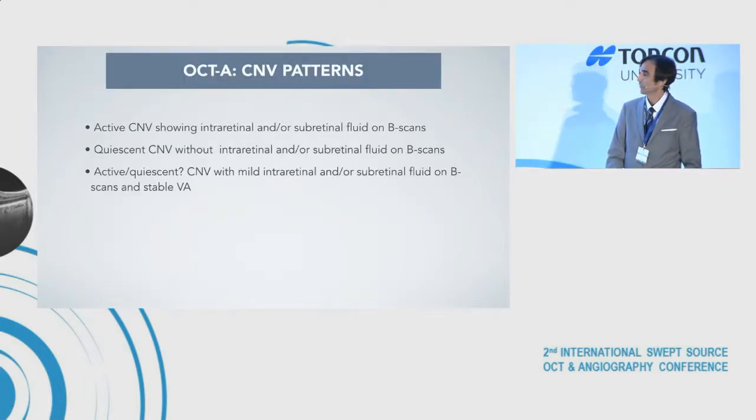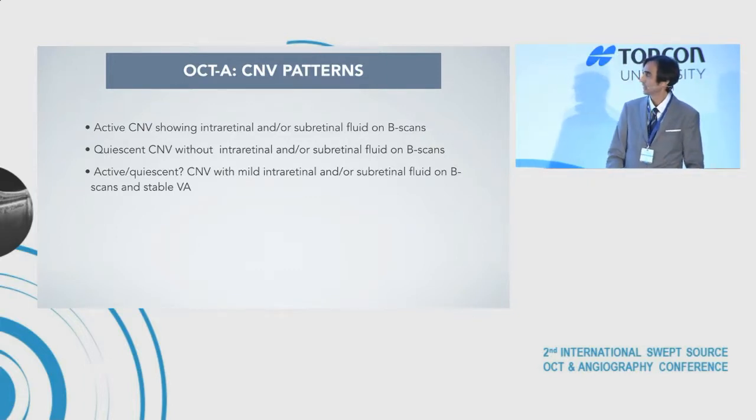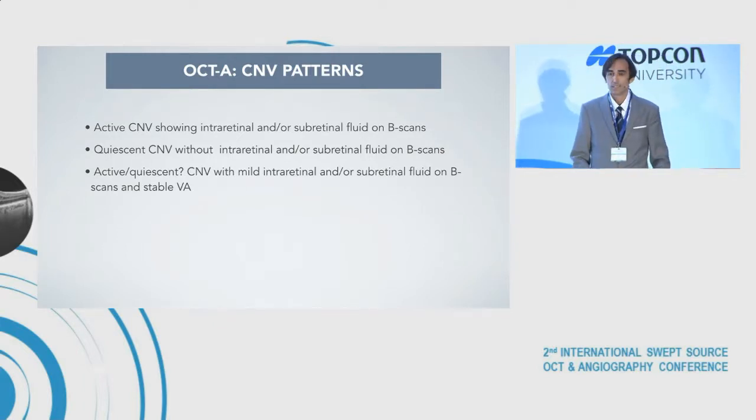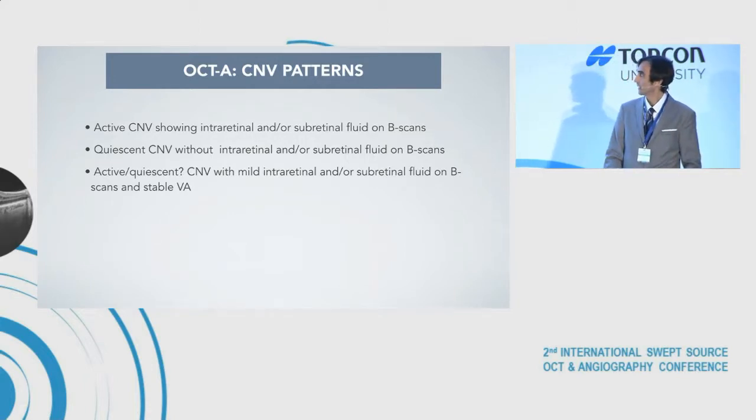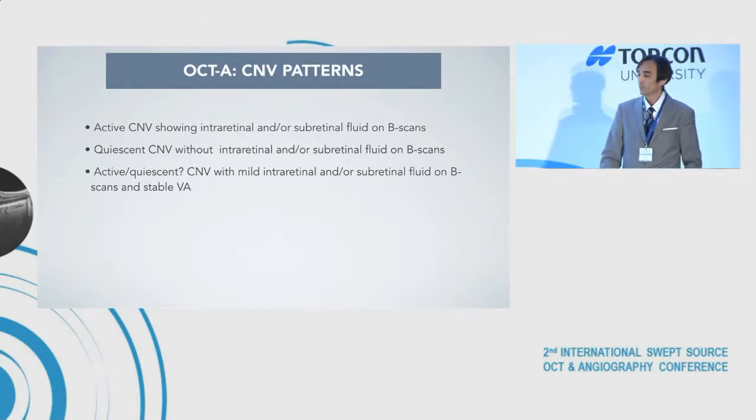With OCT angiography, we can basically determine 3 different CNV patterns. An active CNV showing intraretinal and/or subretinal fluid on B-scans, a quiescent CNV without that fluid on B-scans, and a third doubtful type of lesions with mild intraretinal fluid with a stable visual acuity.